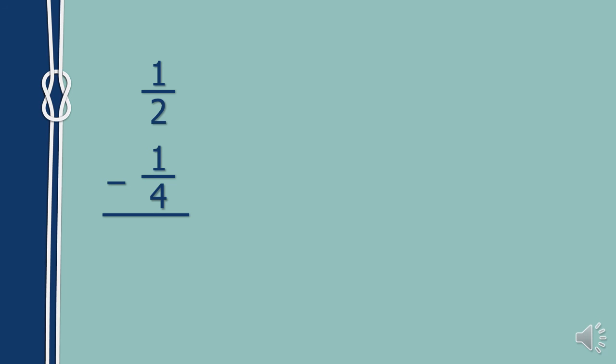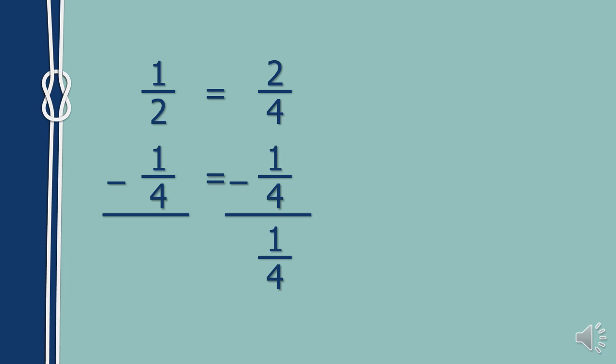If we multiply 1/2 times 2/2, we get 2/4. And then we can bring over the 1/4. And now we can subtract. 2/4 minus 1/4 is equal to 1/4.